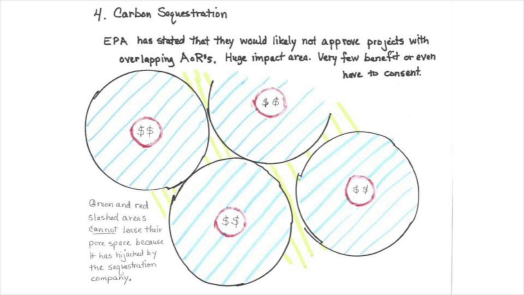So there's a mistake on my graphic here. This should say green and blue slashed areas cannot lease their pore space because it has been hijacked by the sequestration company.